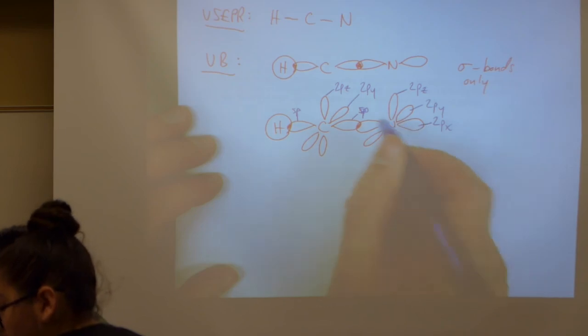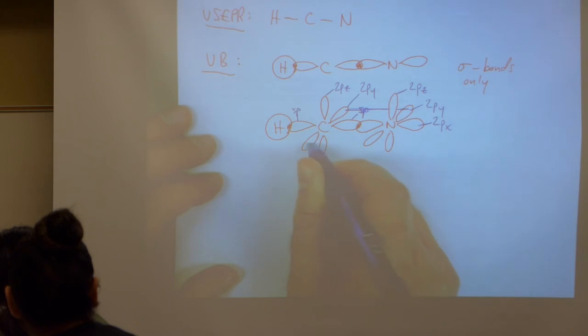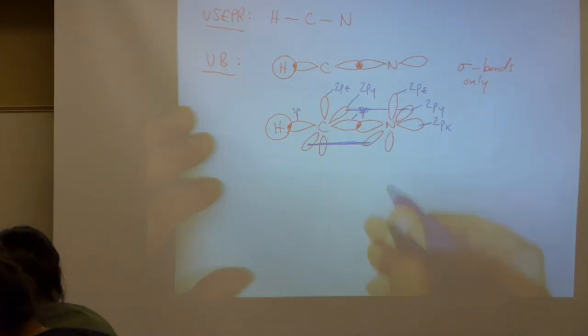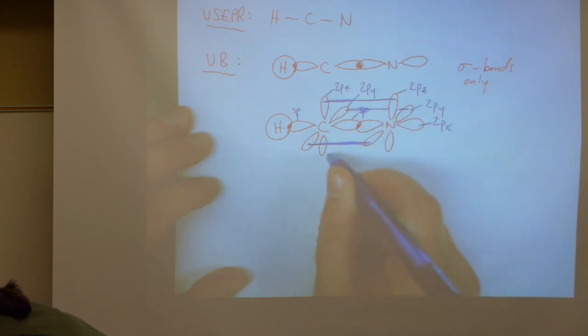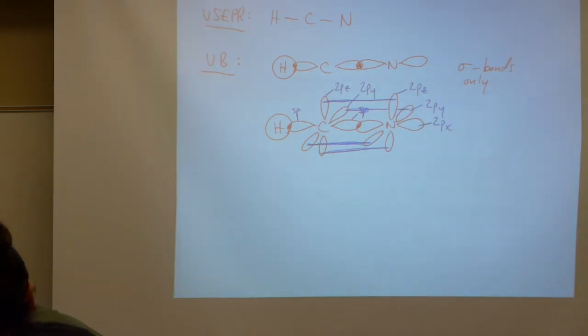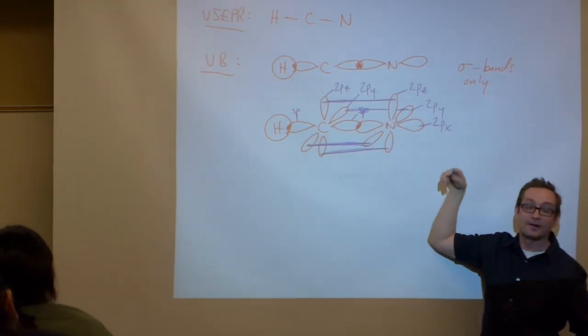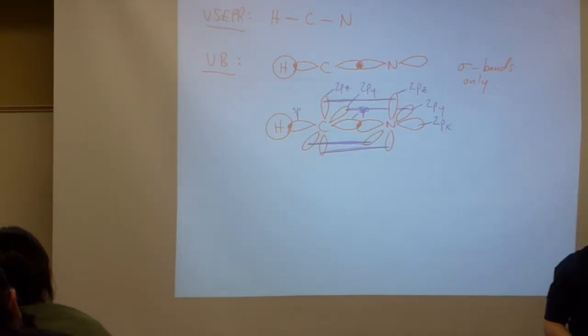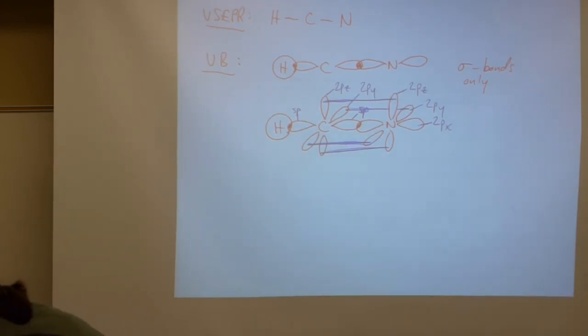Okay, so here's, trying to do some three-dimensional structure here. That's one pi bond, and here is the other pi bond. Notice how I have this line going behind this one, okay? And that would be the triple bond.